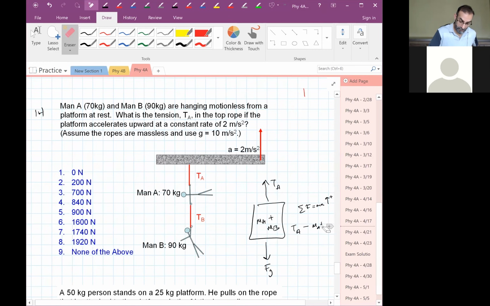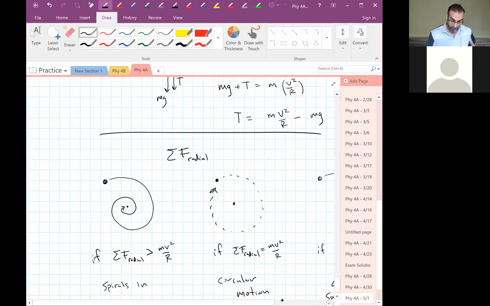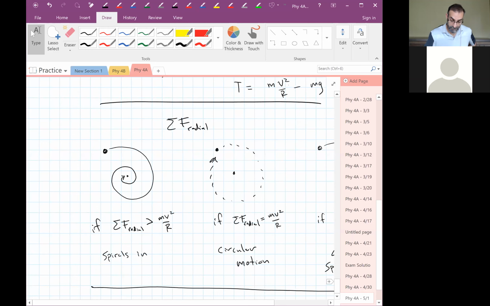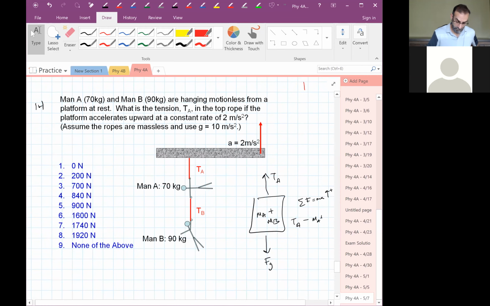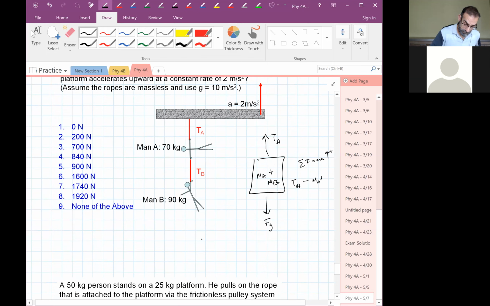I'm running out of room here. Sum of the forces equals ma, up is positive, so that gives me tension minus the force of gravity, and the acceleration is 2.